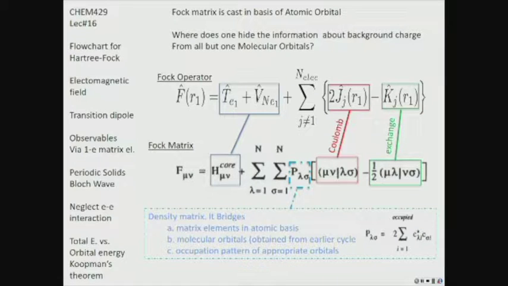Okay, so when we formulate the Fock operator, there are no paradoxes because there are no bases. But if you go to specific bases, atomic orbitals or Gaussian orbitals that look like atomic orbitals, we need to take into account knowledge about molecular orbitals that are already at our disposal.